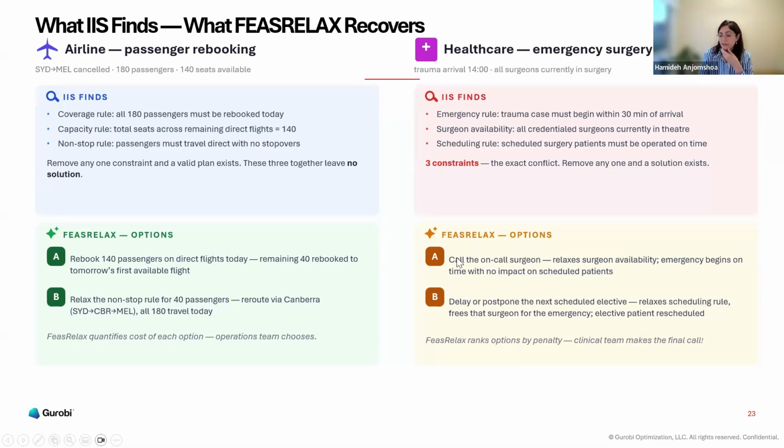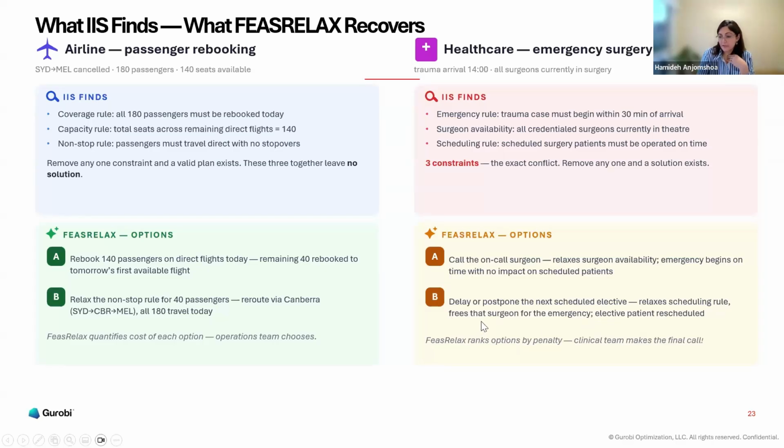It can come back and say, do we have the option of an on-call surgeon? So we relax the surgeon availability. The good thing is the emergency begins on time with no impact on the scheduled patients. The other option, if relaxed, is to delay or postpone the next scheduled elective surgery. That's too bad, because patients are sometimes fasting. But if that's the case, then these are the options that clinicians should decide.